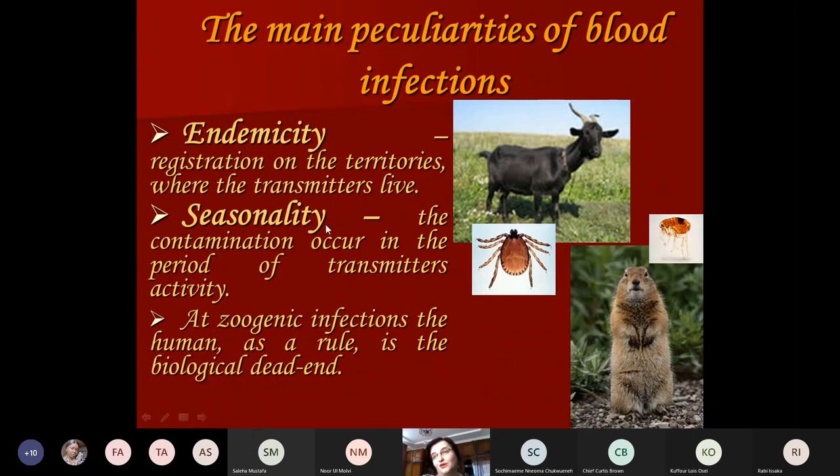Seasonality: also the time when these transmitters are living or replicating or in some other processes. The contamination occurs in the period of the transmitter's activity. At zoogenic infections, the human, as a rule, is the biological dead end. Remember.